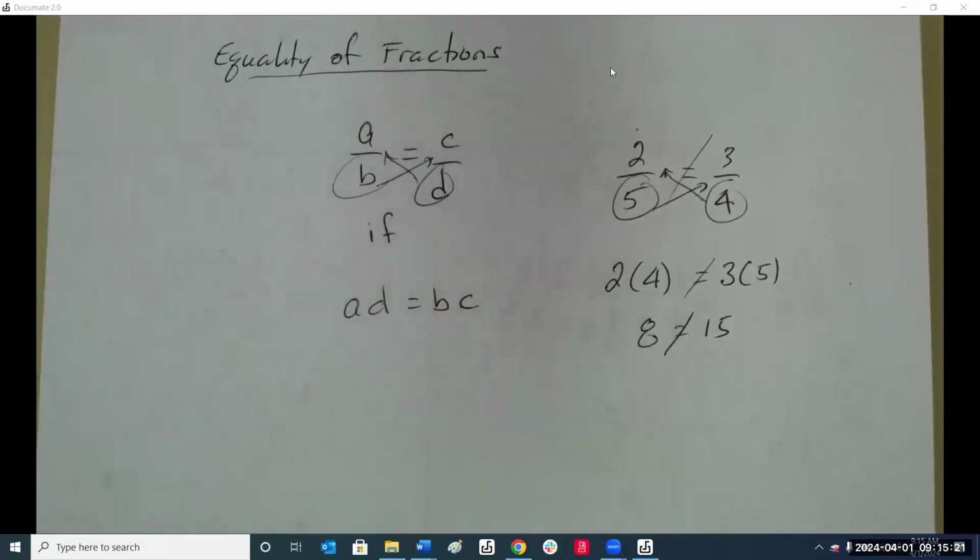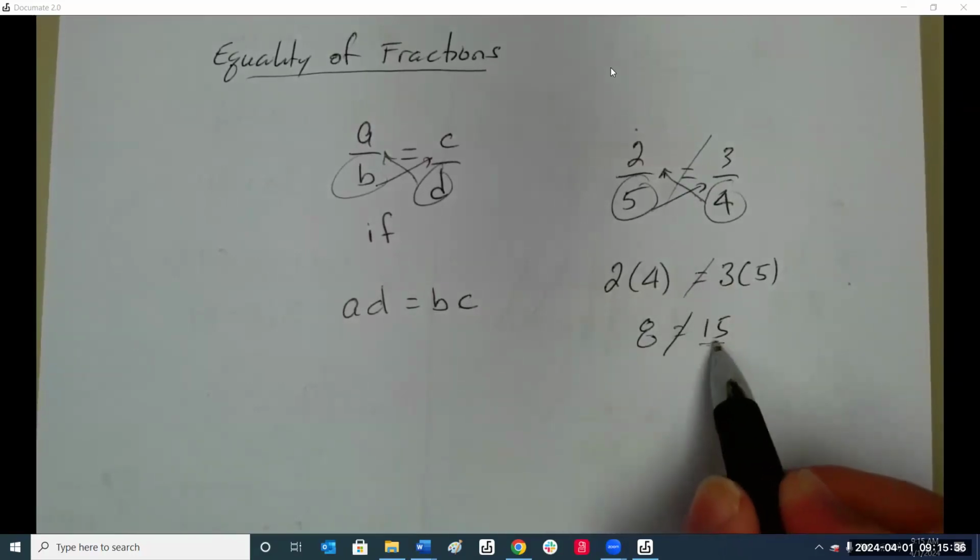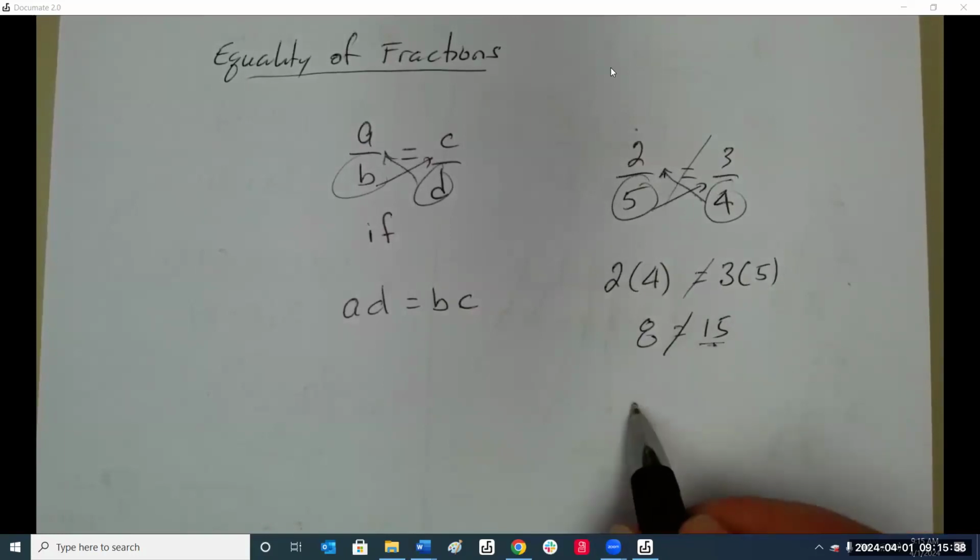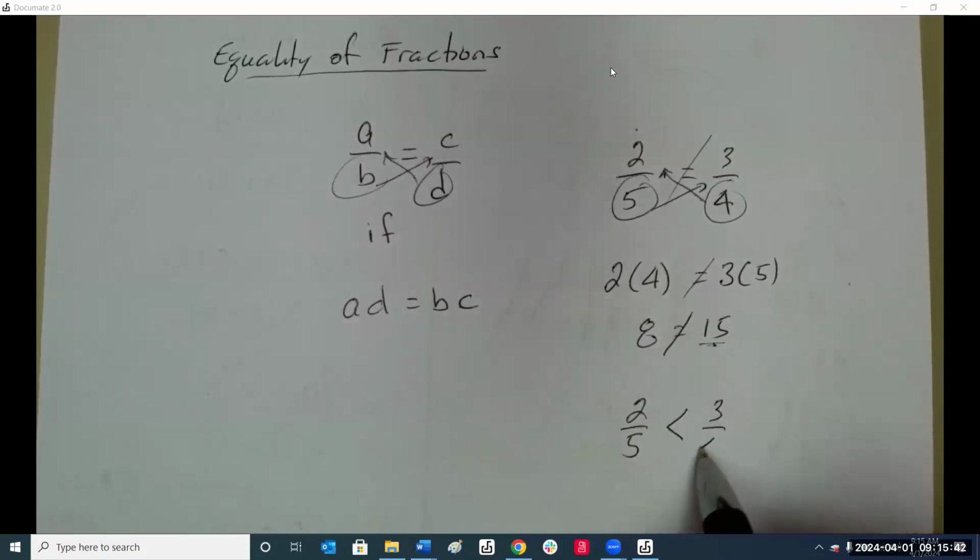So this test is only good to see if they're equal. Can't do anything else. Because 15 is on this side, we know that this side is bigger than this side.